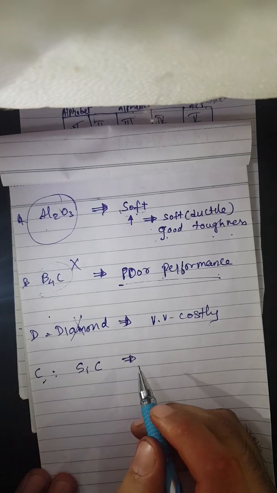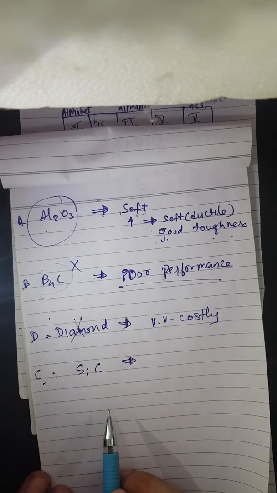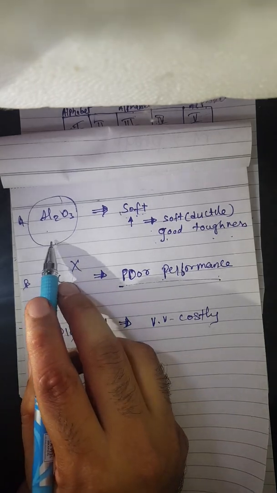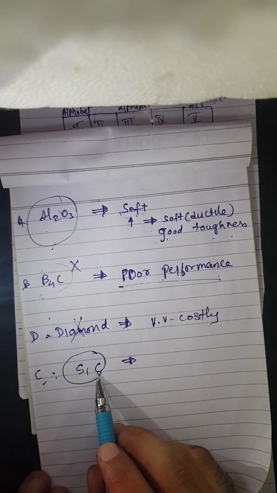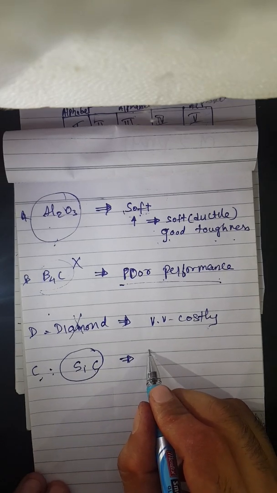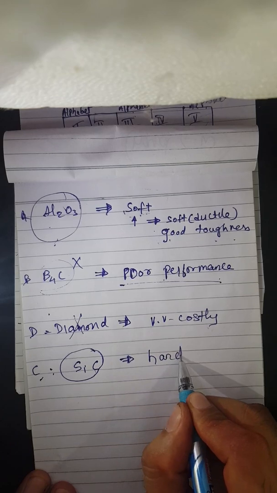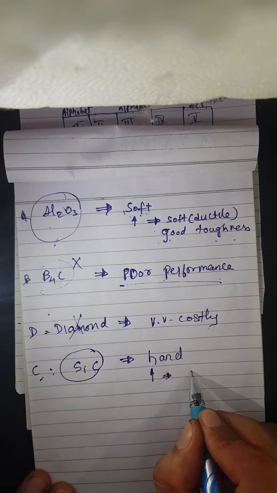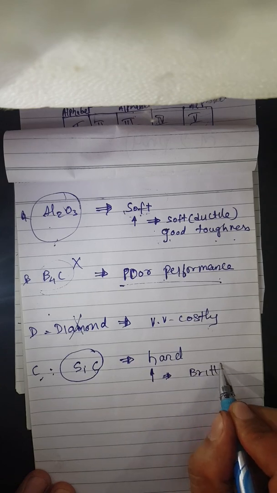So now when we are using silicon carbide, obviously now I am only left with two options to compare, that is the SiC and the Al2O3. Now as it is having a carbide within it, which gives me directly the relation that it is hard, and when a material is hard, it implies it is a brittle material.